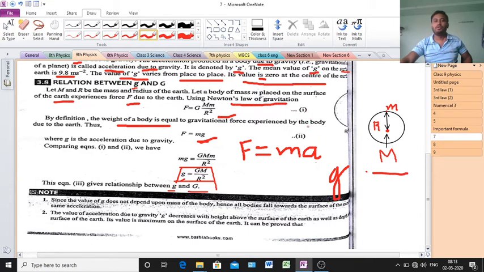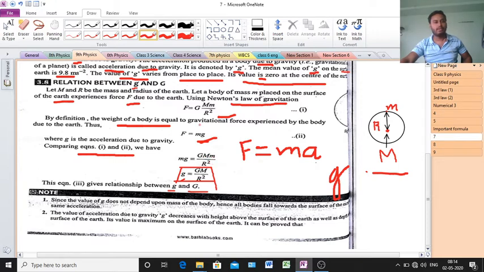If you compare the value of F in equations 1 and 2, you will get mg equal to capital G capital M small m by r square.